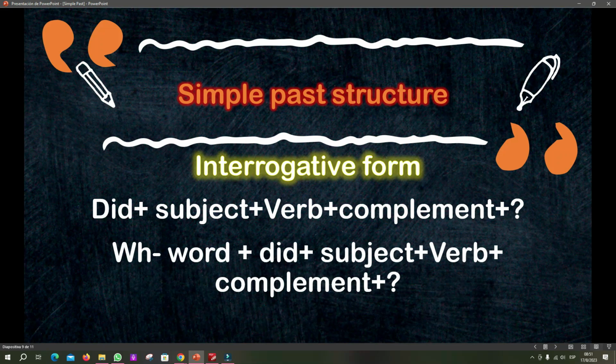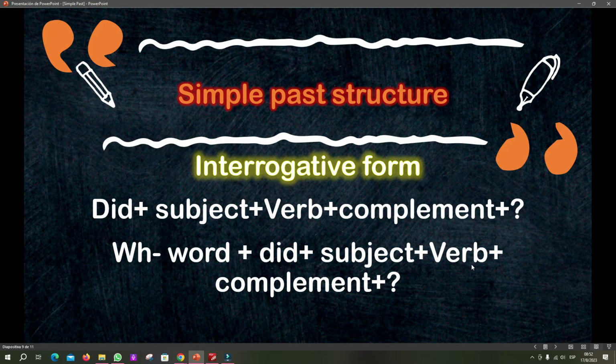Also, we can have WH word questions. WH word, where, which, how, who, etc. Plus did, right? Plus the subject, plus the verb, plus the complement and question mark. When we use did, in this case, we're going to use the verb in the base form.